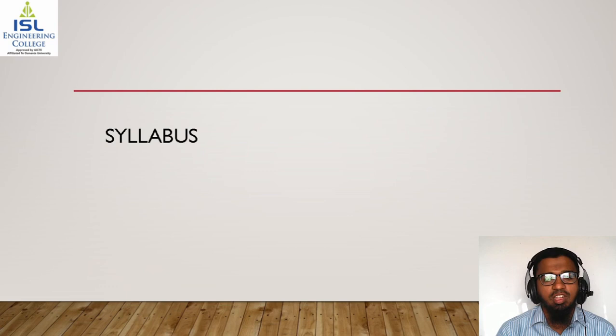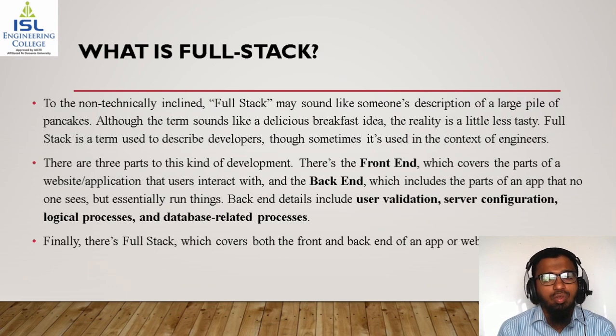Now we will see the syllabus. Before going to the syllabus, we will see what is full stack. This is a new word. It is divided into three parts. The first one is front end, as I told you.